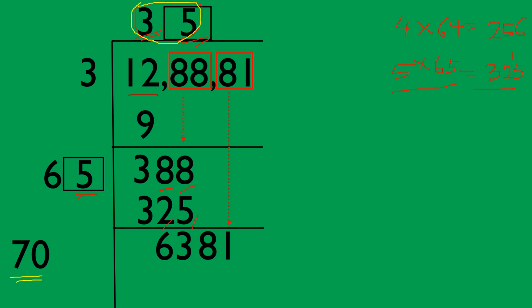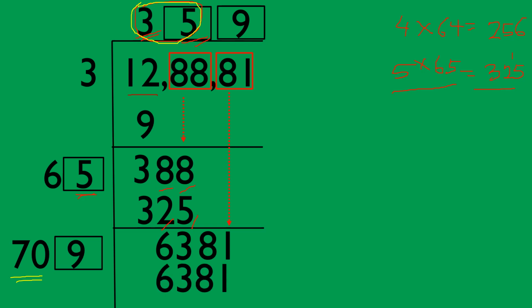And then we'll now consider what number do we put there and also on top, such that when we multiply it, we will get 6381. So if we put a 9 there, and we also put a 9, that is 709 times 9, and that gives us 6381. So 6381 minus 6381 at the bottom there is 0.